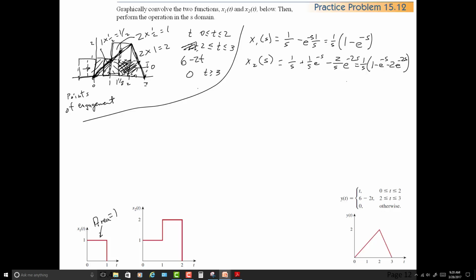So now, as I just said, the product of these two in the S domain, x1 of s times x2 of s, is equal to the Laplace of the convolution, x1 convolved with x2 in the time domain.